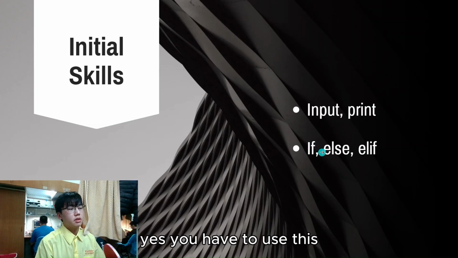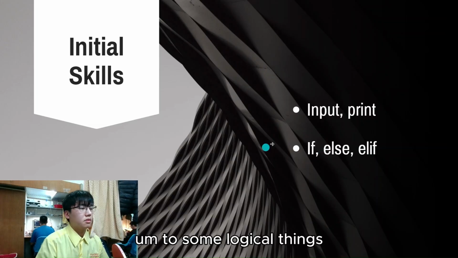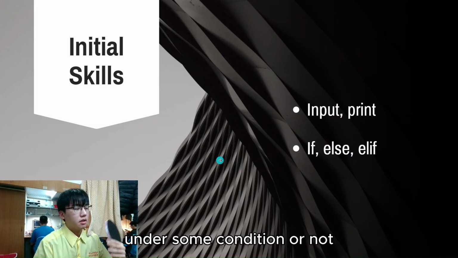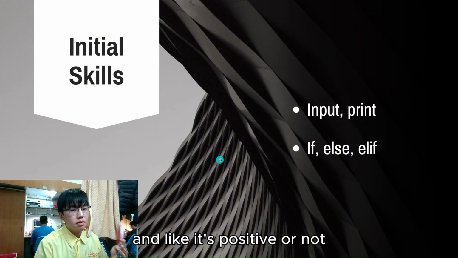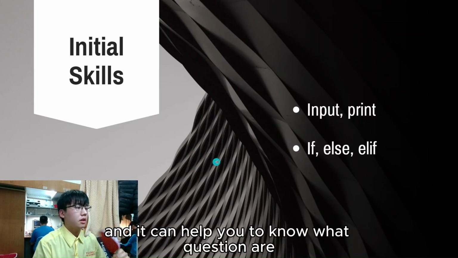You have to use these for the logical decisions, and they can help you know if it's under some condition or not, like positive or not, negative or not, and 0 or not, and they help you know what quadrant the point is in.